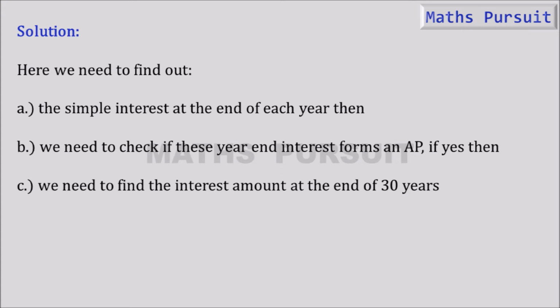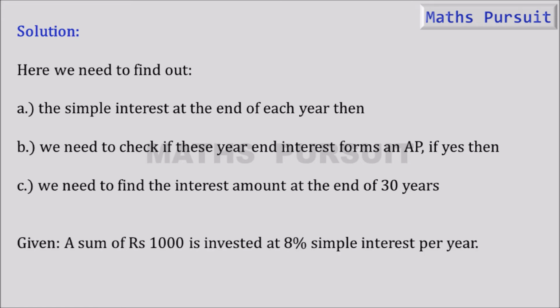We need to first of all find out the simple interest amount at the end of each year, and once we find out the simple interest, then we need to see if the derived simple interest amounts form an arithmetic progression. If they form an arithmetic progression, then we need to find the interest amount at the end of 30 years. Given a sum of 1000 rupees is invested at 8% simple interest per year.